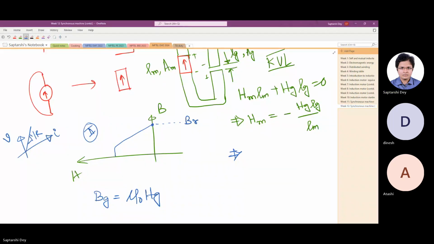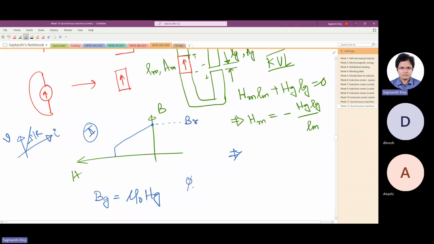And we can also write that Bg is equal to Bm, assuming that there is no fringing, the flux density remains same. No, sorry, we cannot do that. The flux is same, flux keeps going, area is different.